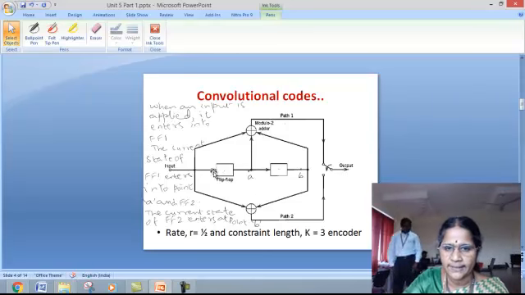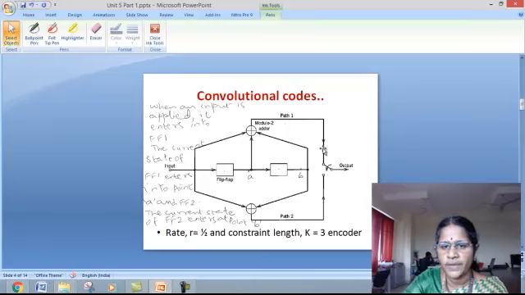One message bit is taken at a time, and the output, since there are two modulo 2 adders, will be a multiplexed output from path 1 and then from path 2. So this is a rate 1 by 2, constraint length k equal to 3 encoder, since there are two flip-flops.